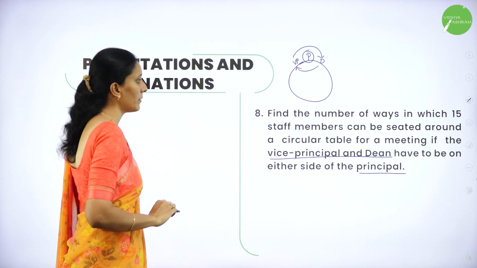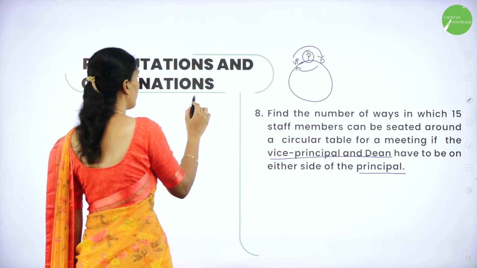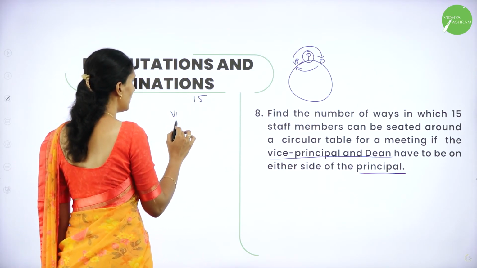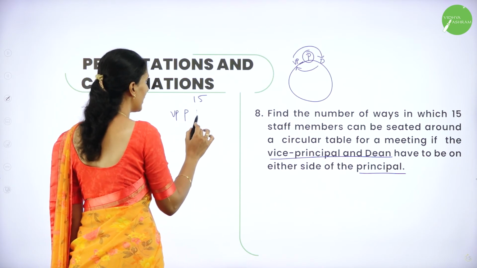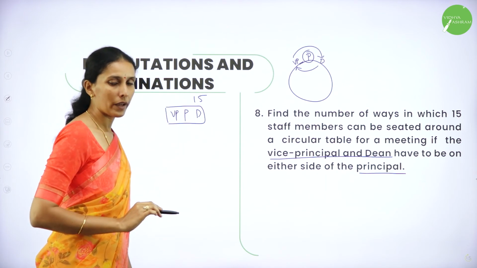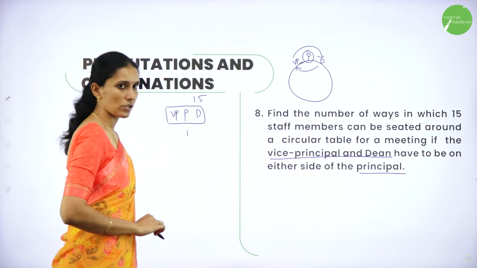Now let me arrange them. We have 15 staff members, right? So the vice principal, principal and dean have to be considered as one unit.